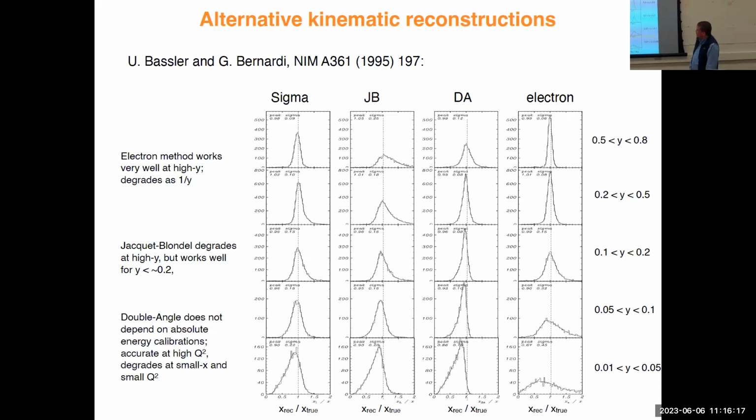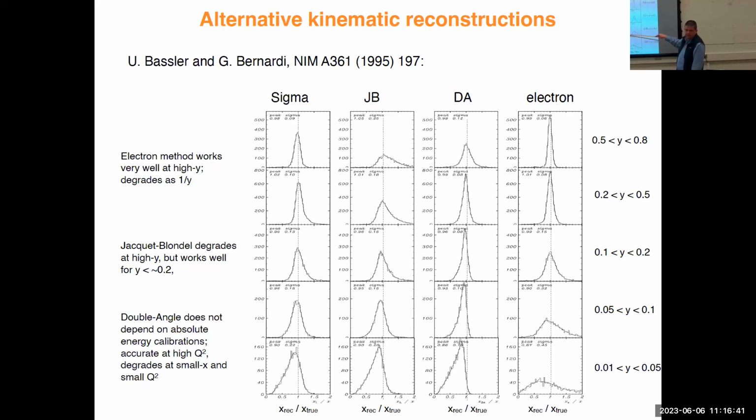Now, qualitatively, what you can see is that clearly in a case like this, relatively low Y, this electron method has effectively broken down. It's actually such that this method based on hadronic reconstruction performs better, at least from a resolution point of view.